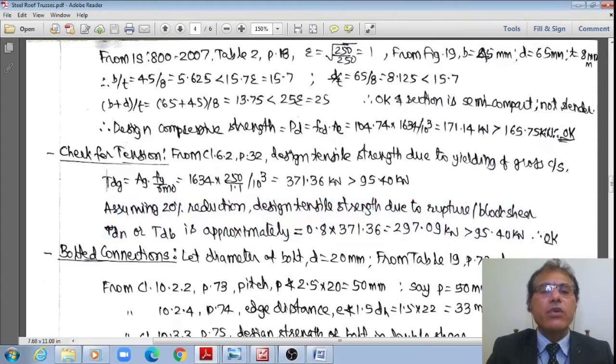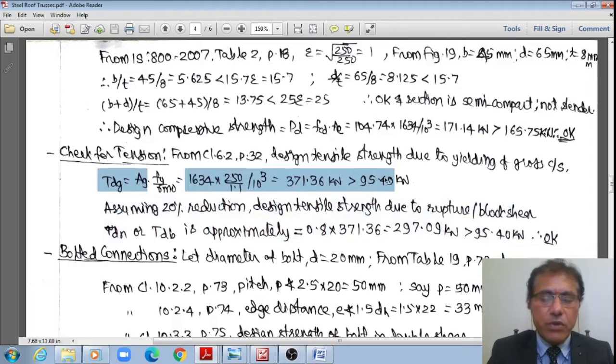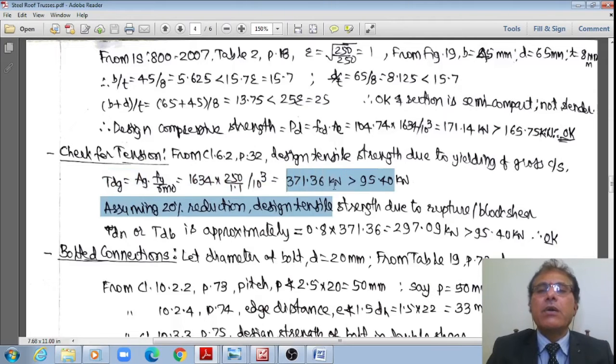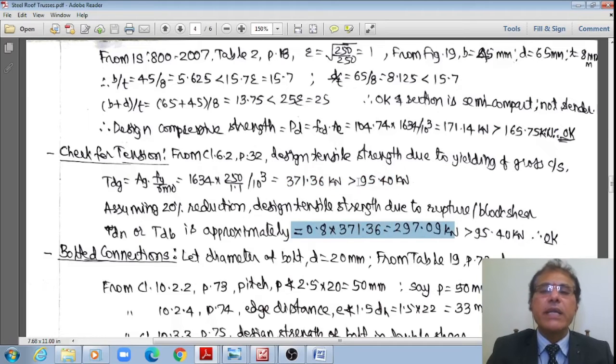For exact calculation, you can go through the codal specifications you have seen and calculate exactly. However, I am not going with the exact calculation because for gross cross section yielding I have a sufficiently large cushion. Therefore, I hope that these will not fail in the other two criteria. We already explained this elaborately in the previous design of tension members.